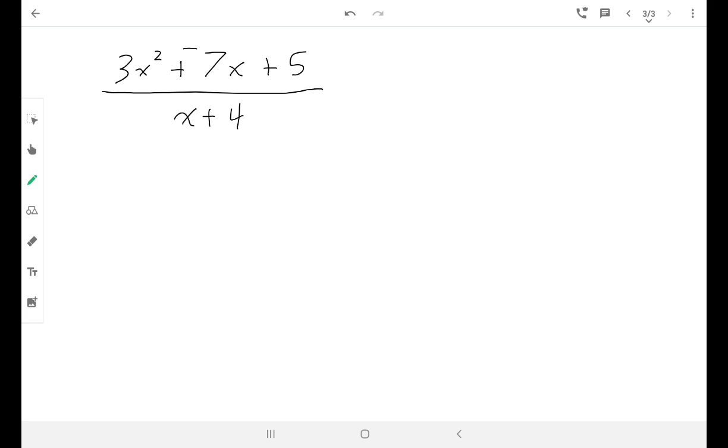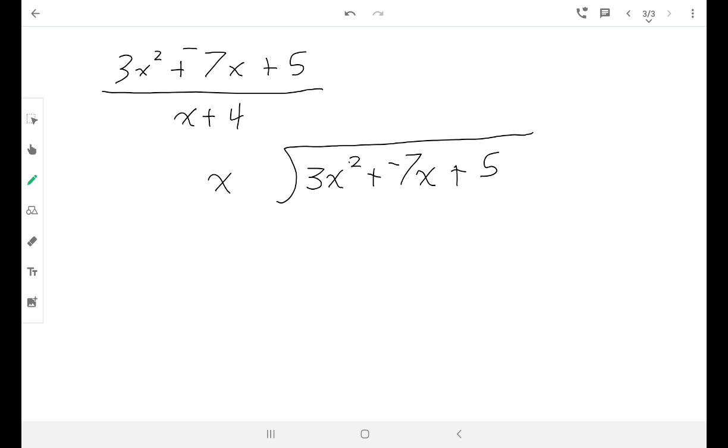I always like to change minuses into plus negatives, so I know when I'm dealing with positives and negatives all the way through. And so you could do this by writing 3x squared plus negative 7x plus 5 divided by x plus 4. Okay? And this is the long division setup for this exact same problem.